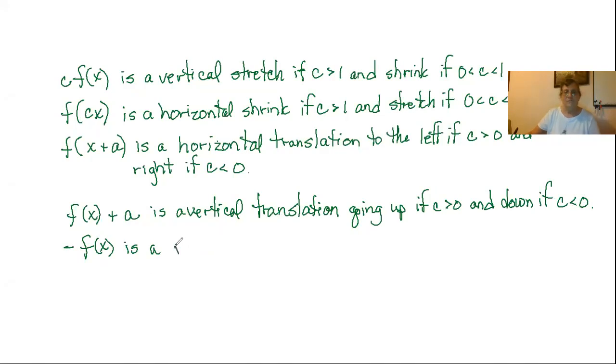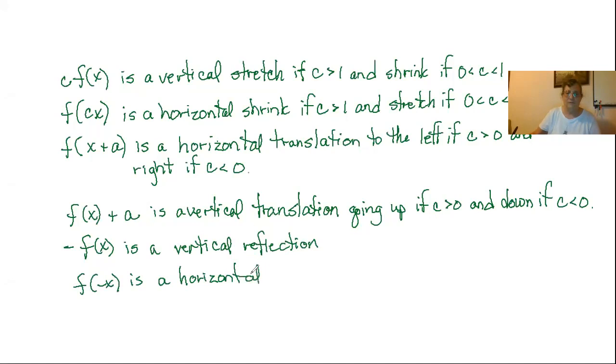This would be a vertical. Anything outside the parentheses is a vertical. This is a vertical reflection. F of negative x is a horizontal reflection. And these can all be combined.